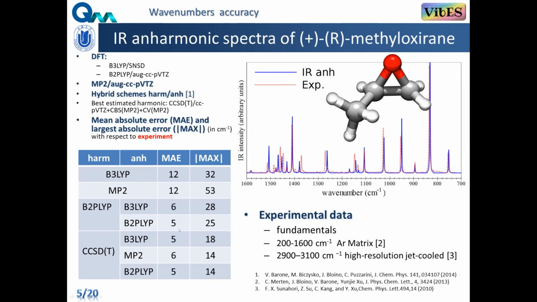So we can see that with these approaches we can reach something like below 10 reciprocal centimeters mean absolute errors and maximum errors of about 20 or below 20 reciprocal centimeters.